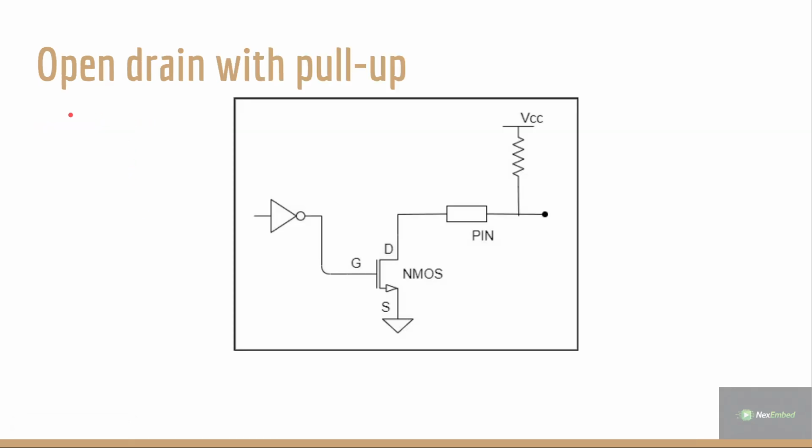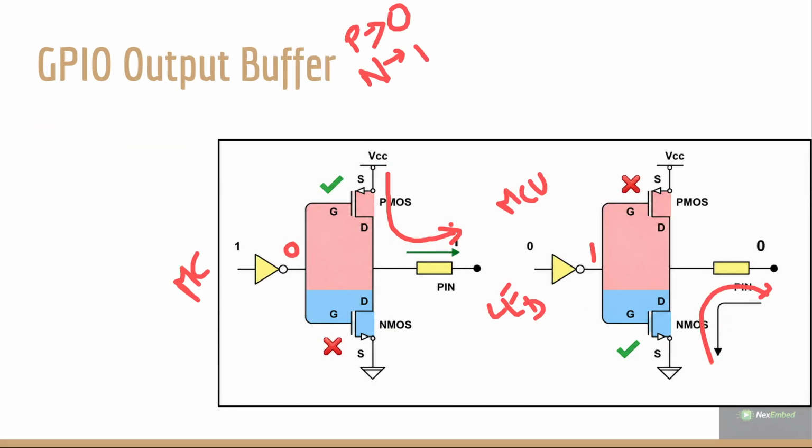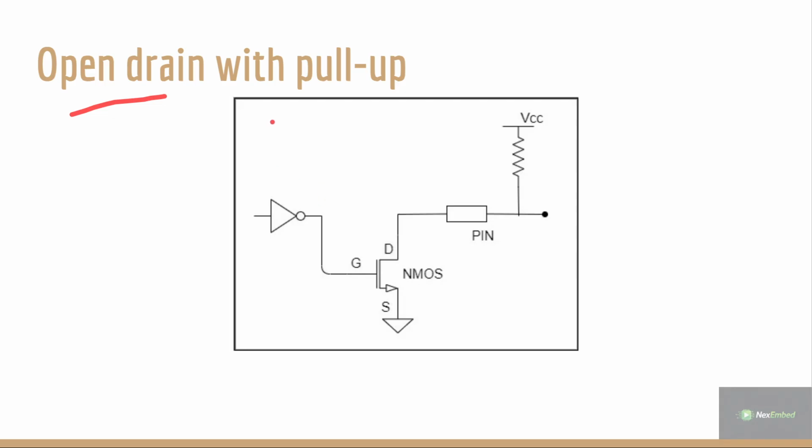The other one is the open drain concept. This is the push pull one, which is similar to the one I have explained. This normal case comes under push pull. And this is the open drain with pull up. Open drain means this output buffer does not have a PMOS.